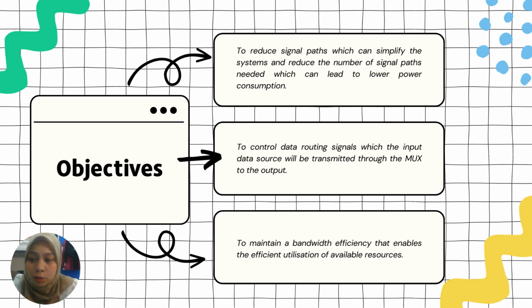The first one, to reduce signal paths, which can simplify the systems and reduce the number of signal paths needed, which can lead to lower power consumption. Next, to control data routing signals, where the input data source will be transmitted through the mux to the output. And the last one, to maintain bandwidth efficiency that enables the efficient utilization of available resources.